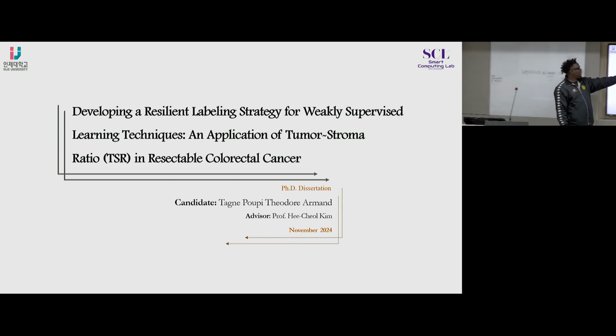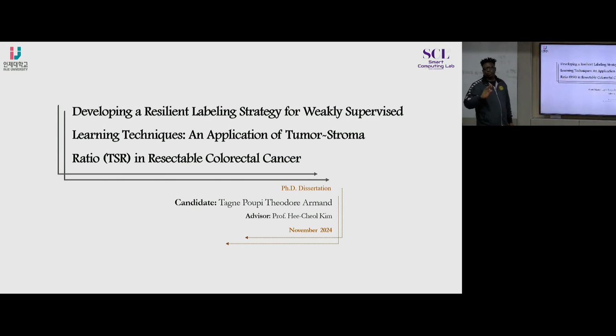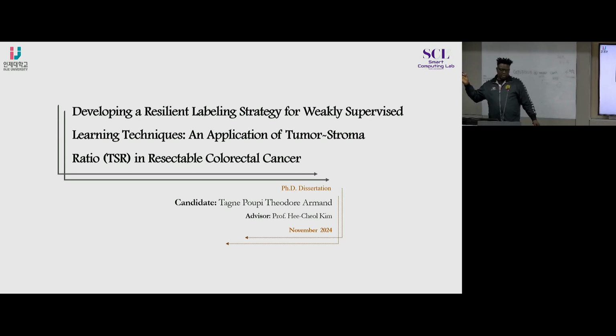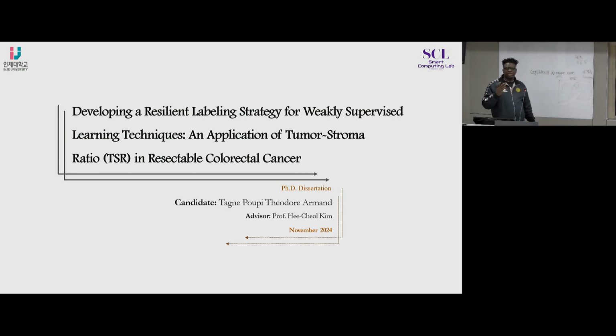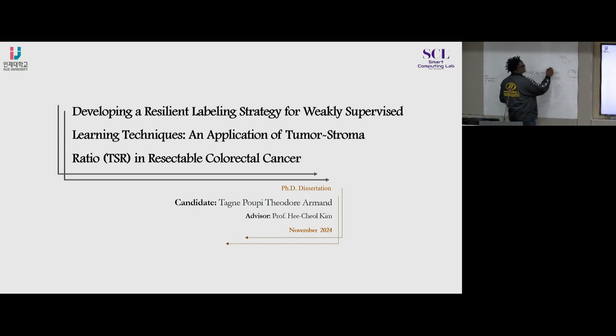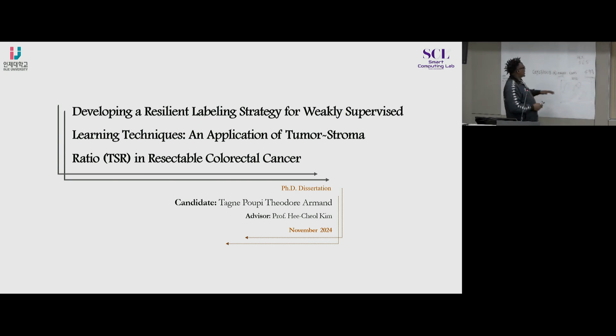In weakly supervised learning, one of the advantages is that we don't need the whole annotation. There is something called slide level annotation. We just decide that this slide will be considered like this, even though we know that some other classes are present inside.